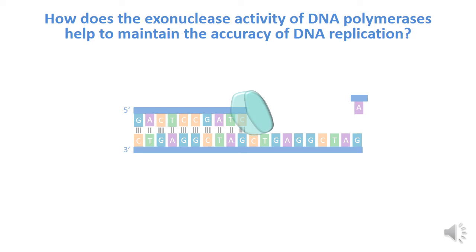Then what should happen? The enzyme will once again move forward and allow another nucleotide to enter into the polymerase site. So this is how the exonuclease activity of DNA polymerases helps in maintaining the accuracy of DNA replication.